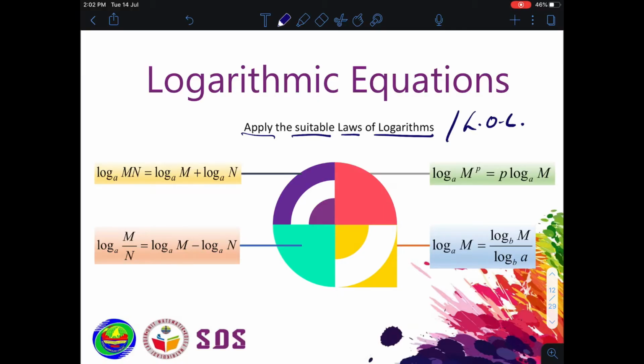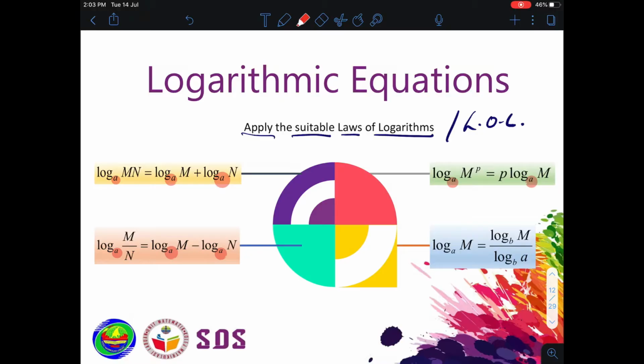Before I explain it one by one, I want you to review each of these formulas here. If you can see, they have the same base, the log of base a. Here is also the same, right? All of these apply the same base. Same goes to the third one.